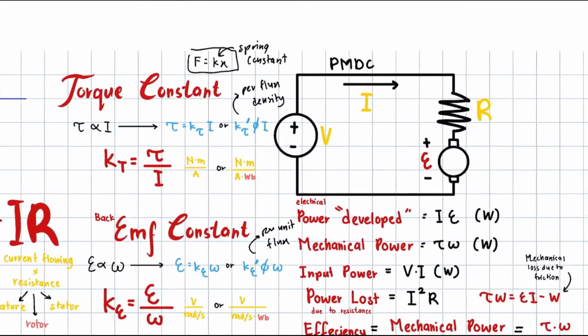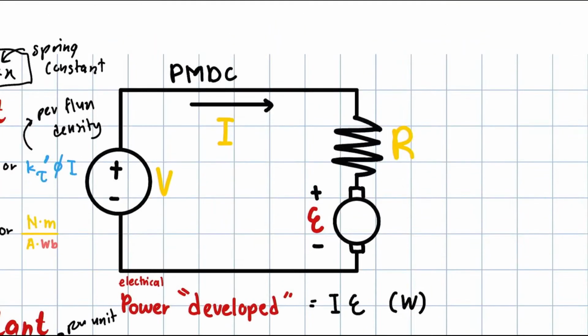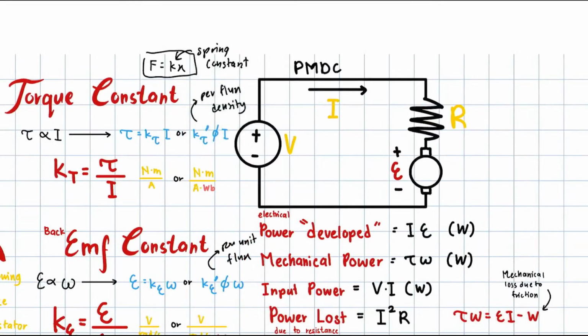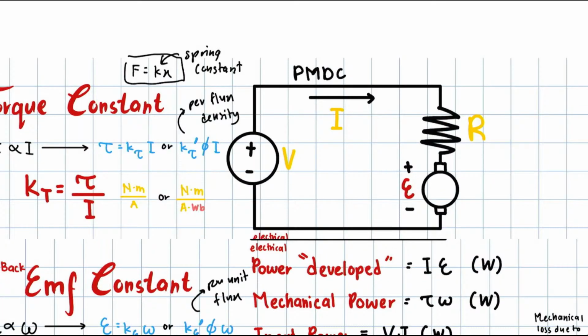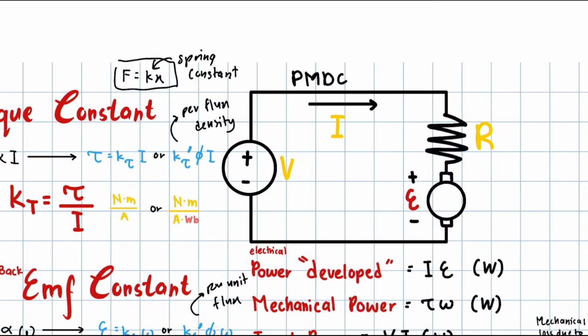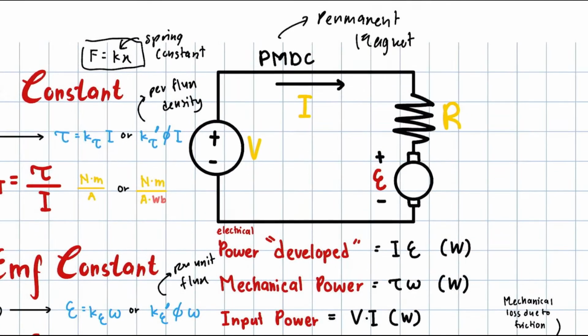Okay. So over here we have a circuit. This circuit is a PMDC. PM is permanent magnet, a permanent magnet DC motor. This motor is located here, and the motor has an internal resistance.